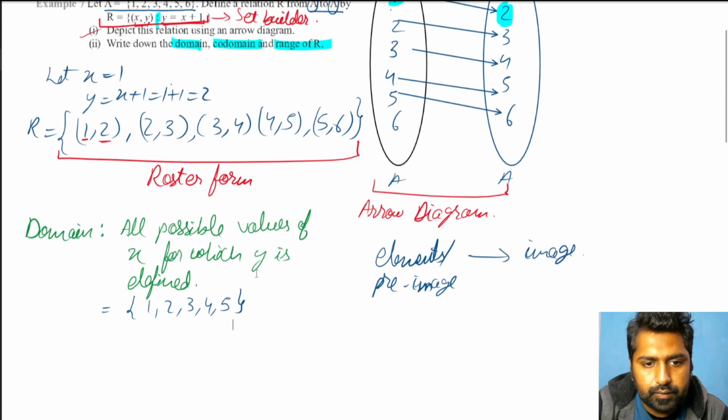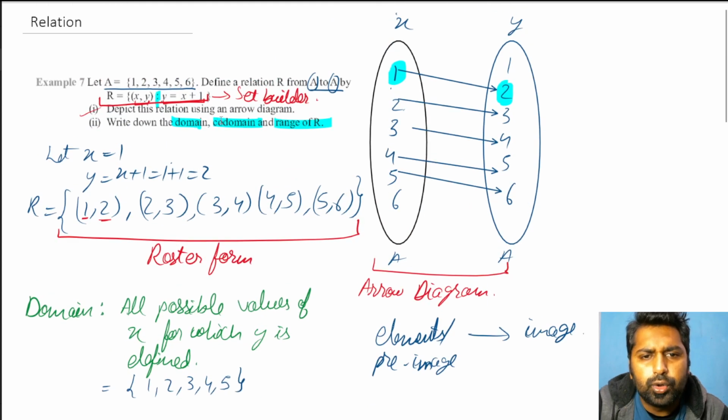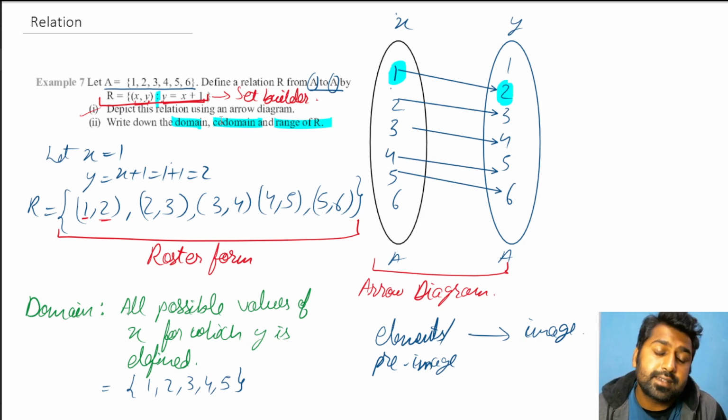Okay. Then comes the word codomain. Now codomain is a very simple word as such. All you have to do is know the meaning. Codomain is all the possible values of y. That's it. Doesn't matter whether it is connected with some element or not. Look at this one: 1 is not connected with any element in x, but still it will be part of codomain.